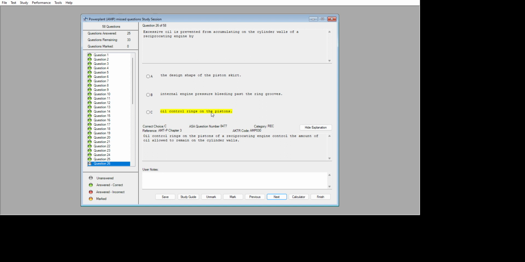Excessive oil is prevented from accumulating on the cylinder walls of the reciprocating engine by oil control rings on the pistons.